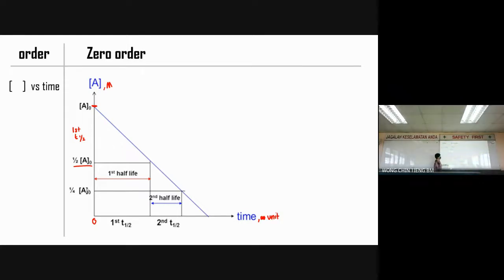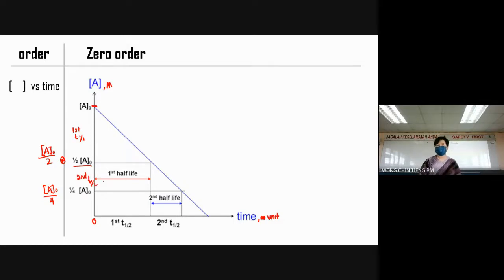So dia jadi A0/2. Alright, kalau tak nak tulis 1/2 A0, kamu boleh tulis terus A0 divide 2. Separuh. Betul? Setuju? Okay. Sayang saya tak ada value kat sini. So saya letak separuh lah. Kalau soalan kamu mula dengan 1 molar, separuh tu 0.5 lah. Okay, nampaklah separuh tu. And over here, you plot another one which is your A0 divide by 4. Your second half-life.